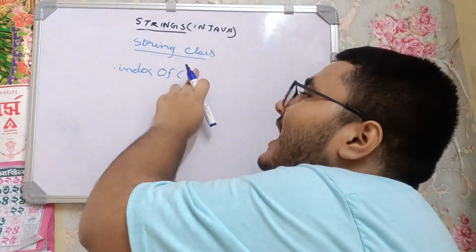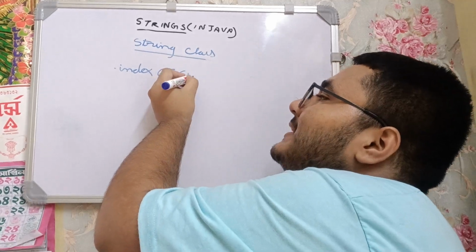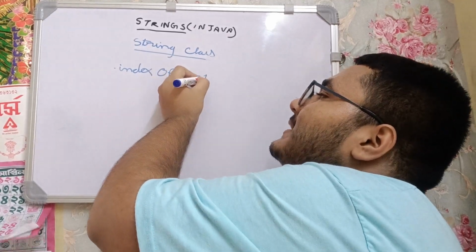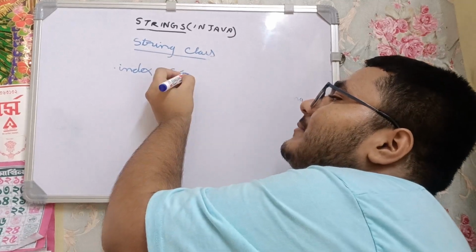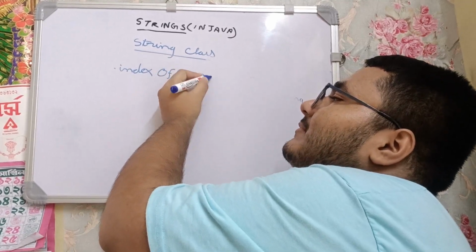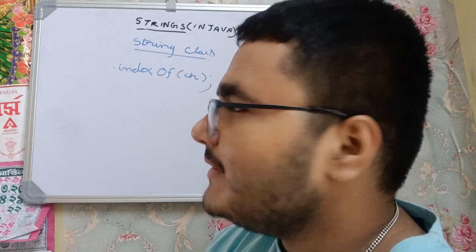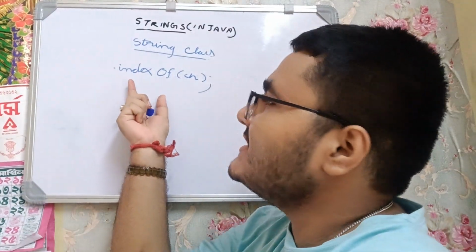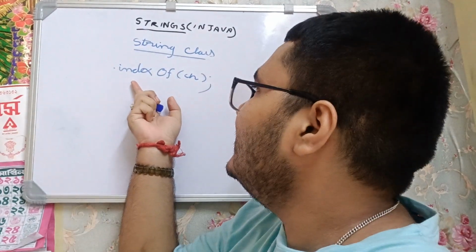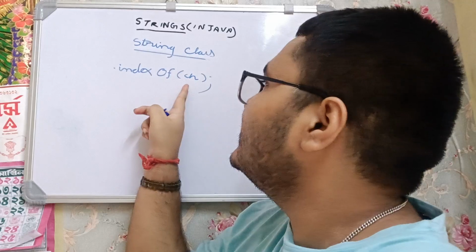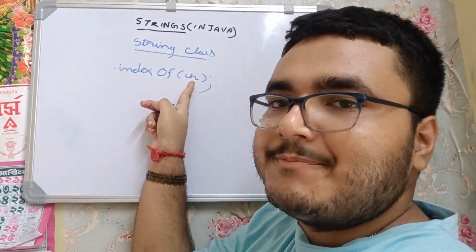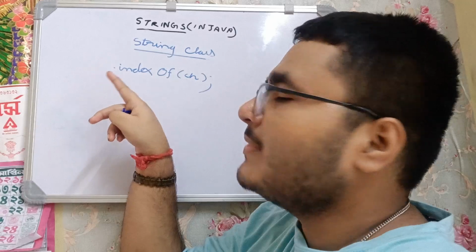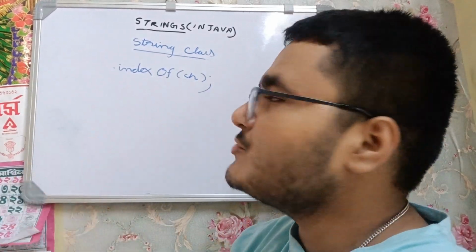It will take an argument, a parameter here, say parameter 1, basically a character type variable. Any character. So indexOf will return the index of this character passed here to the variable where you are storing it.